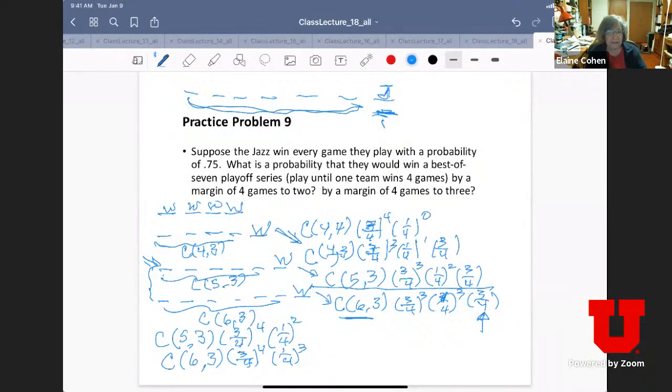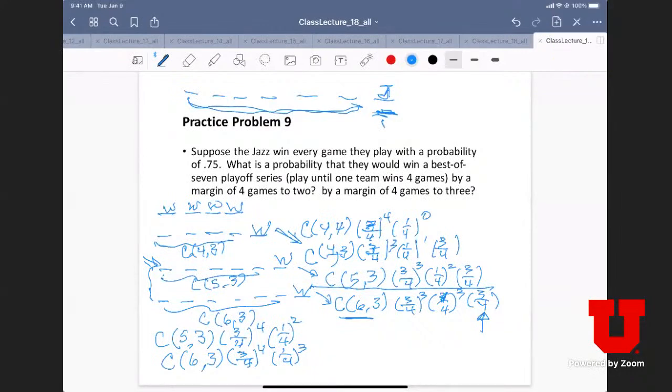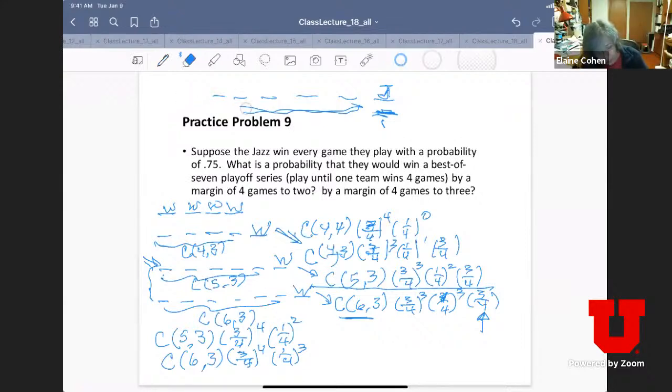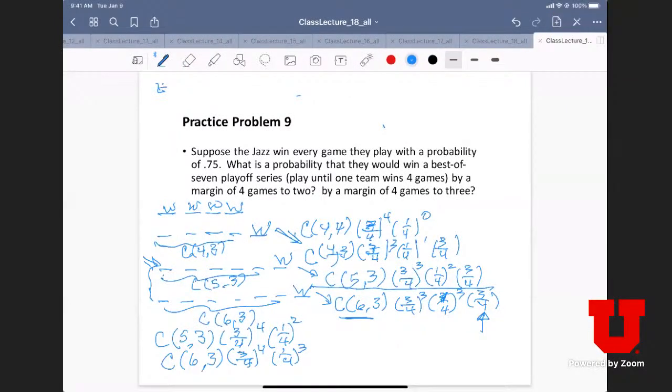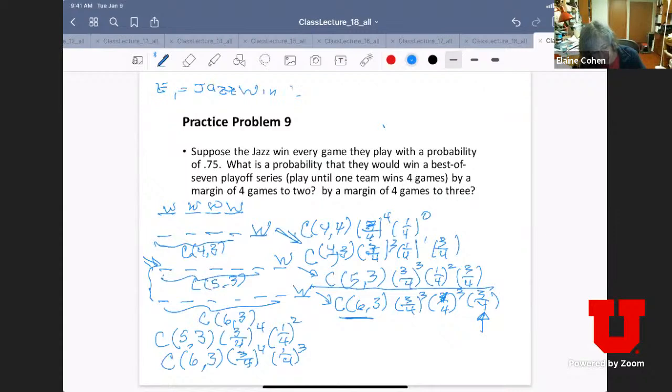Does that make sense? Not really. Well, I'll remember we had a product rule. Here, I'm going to give you an event E1 that says Jazz win game 7.